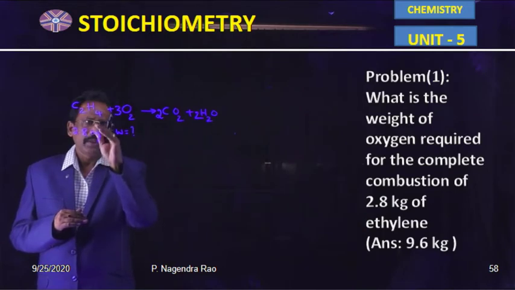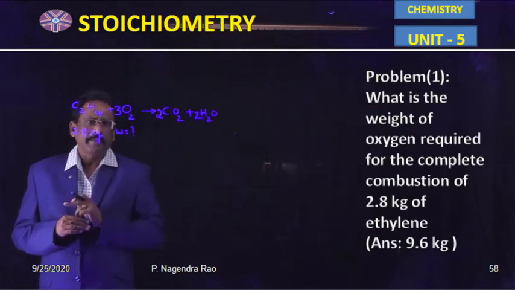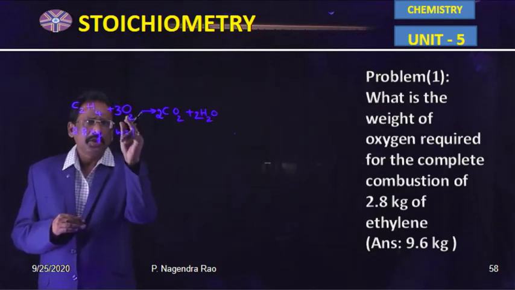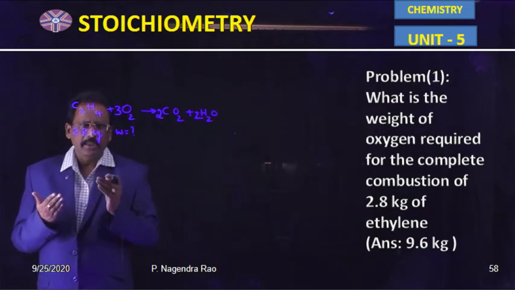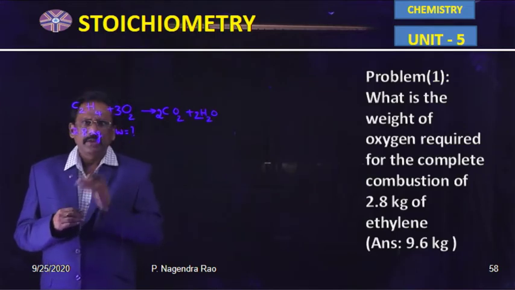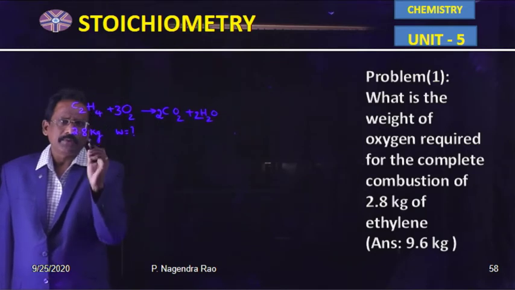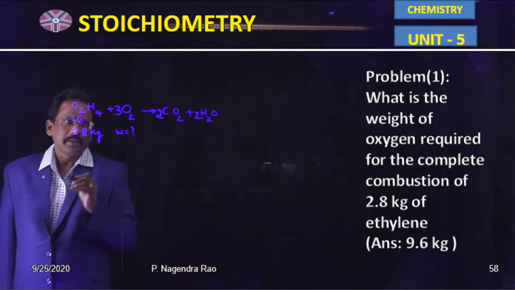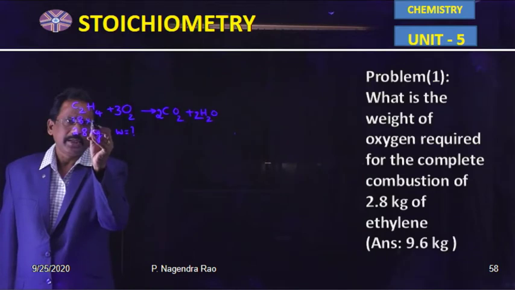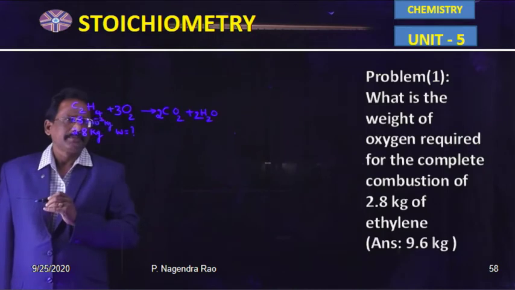Now in this given chemical reaction, 1 mole of ethylene requires 3 moles of oxygen gas. 1 mole of ethylene means its molecular weight. So the molecular weight of ethylene gas is 24 plus 4, 28 grams, which is nothing but 28 into 10 power minus 3 kilograms.